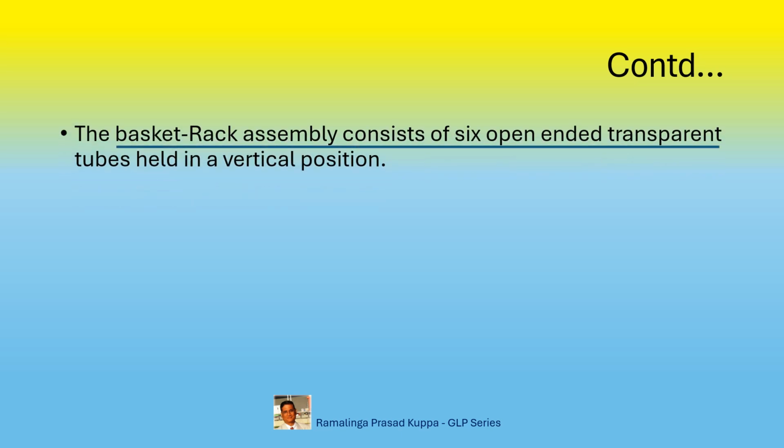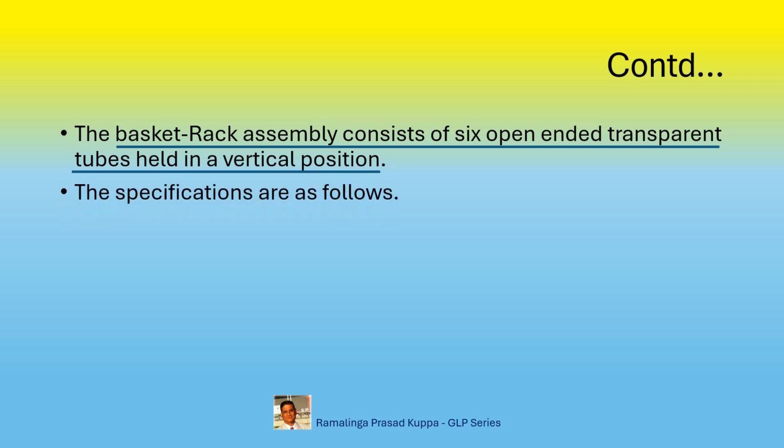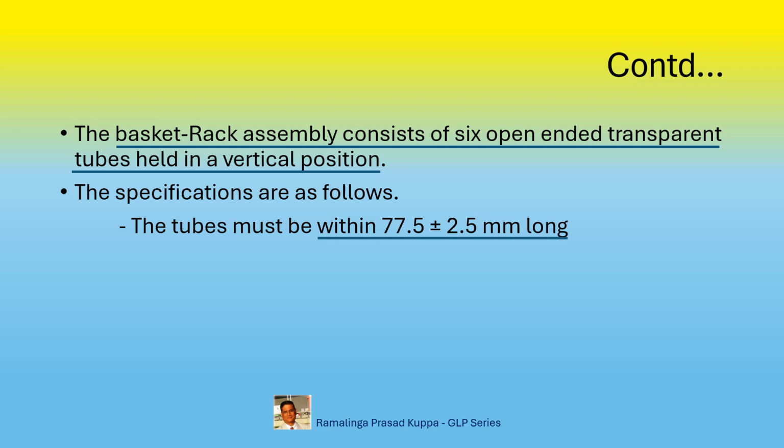The basket rack assembly consists of six open-ended transparent tubes held in a vertical position. So there are six transparent tubes fixed vertically. The specifications are as follows. The tubes must be 77.5 plus or minus 2.5 mm long.